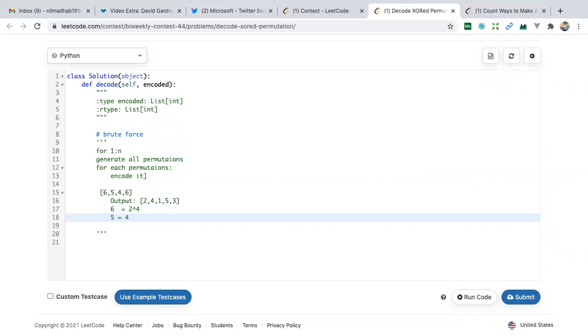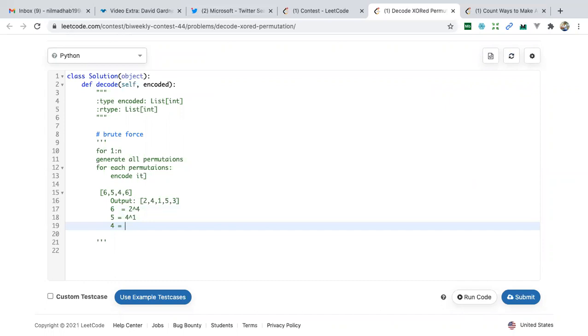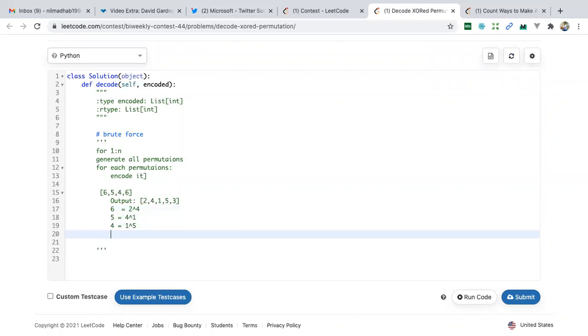And 4 is the XOR of 1 and 5. And 6 is the XOR of again 5 and 3. So 6 can be the XOR of 2 and 4, and also of 5 and 3.